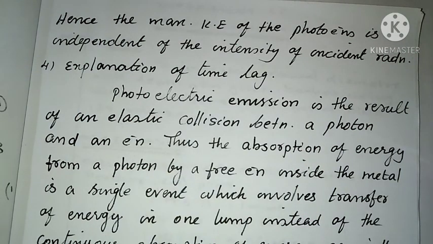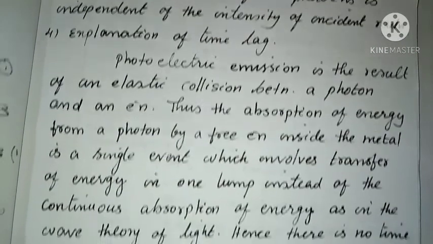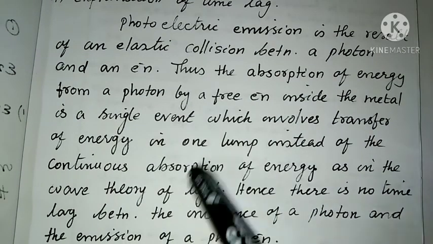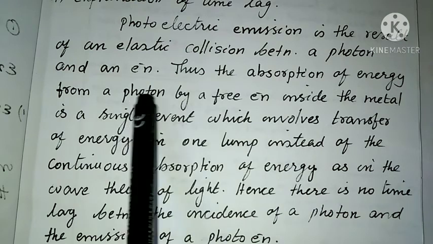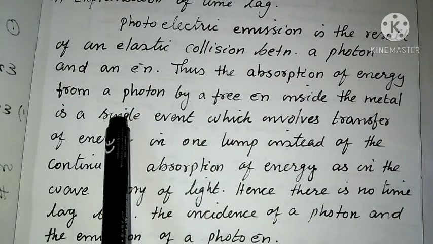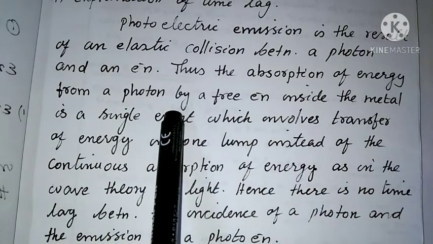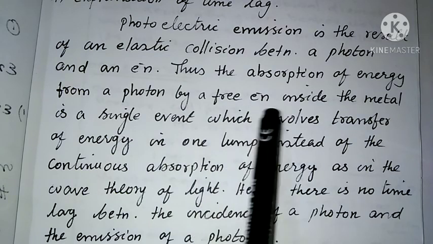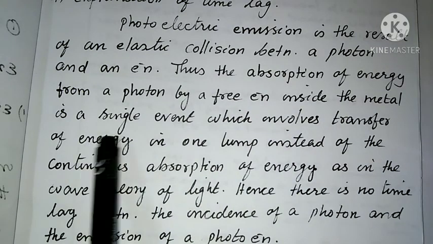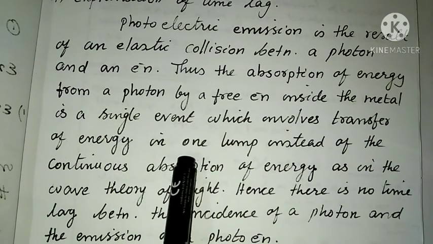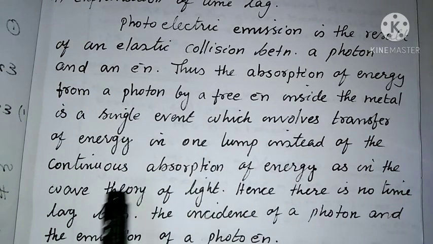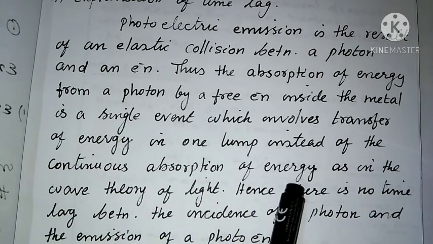Then the fourth point, explanation of time lag. Photoelectric emission is the result of an elastic collision between a photon and an electron. Thus, the absorption of energy from a photon by a free electron inside the metal is a single event which involves transfer of energy in one lump, instead of the continuous absorption of energy as in the wave theory of light.